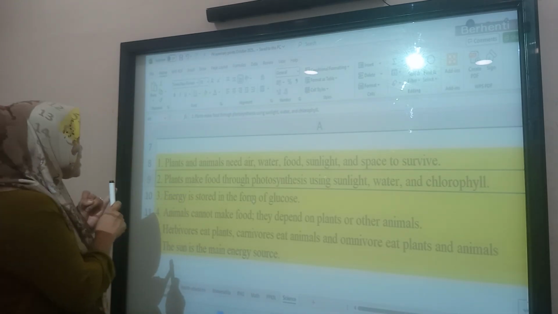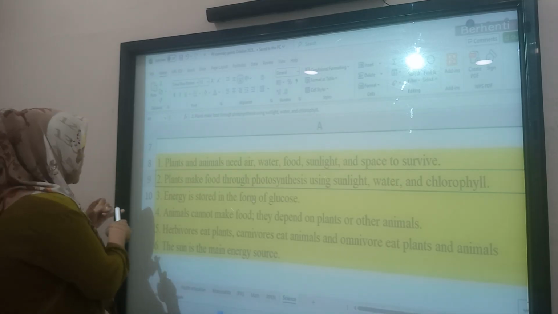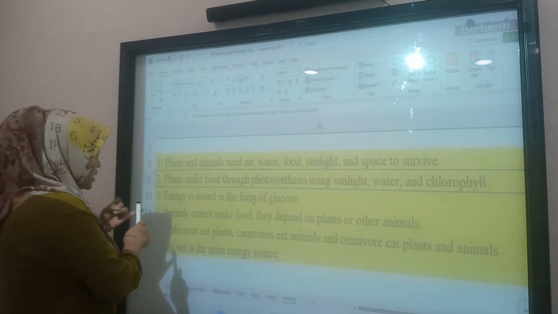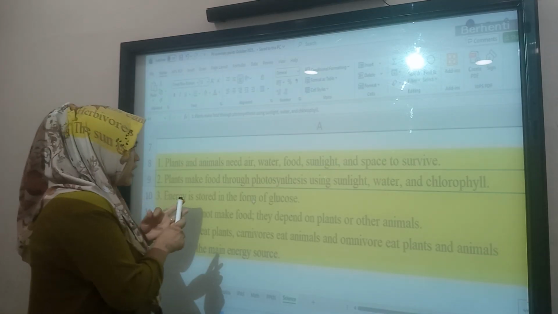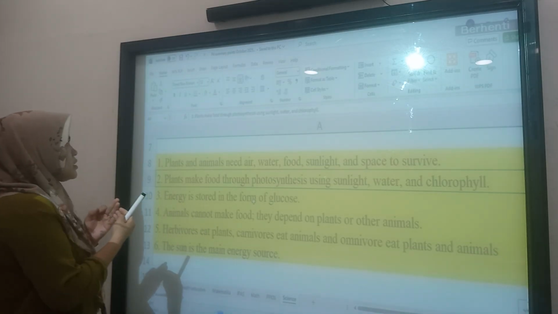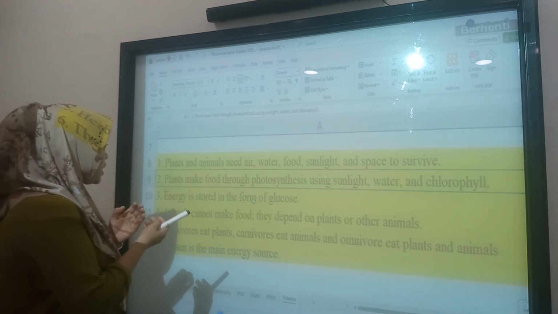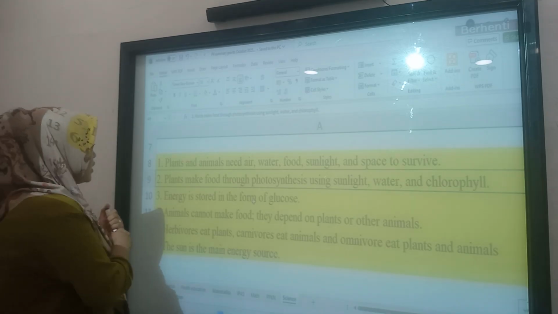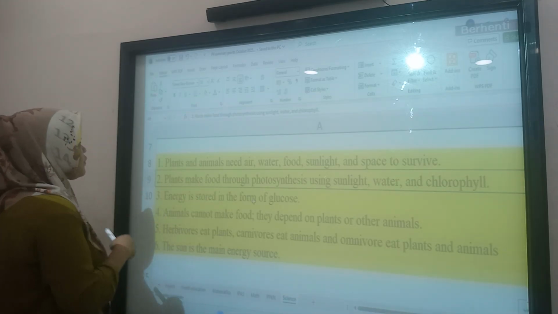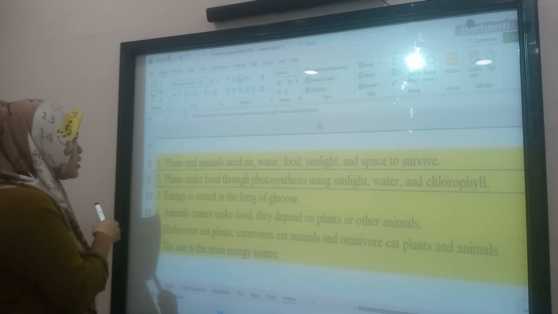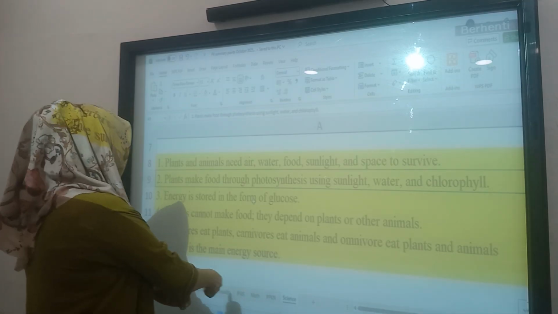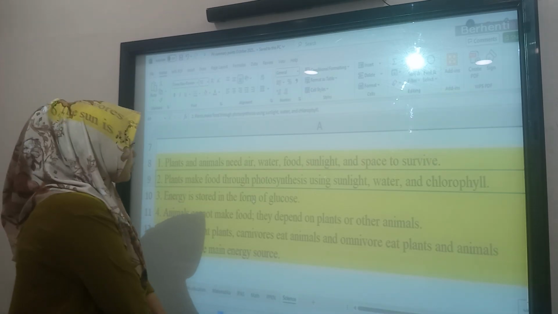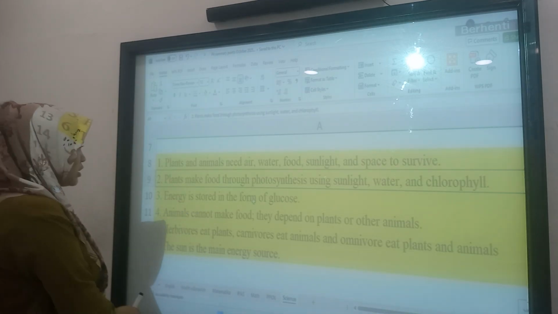Plants do photosynthesis, which needs air, water, and sunlight, so they can make their own food and provide energy for other living things. Animals need food from plants so they can survive. Also humans. Number two, they make food through photosynthesis using sunlight, water, and chlorophyll.